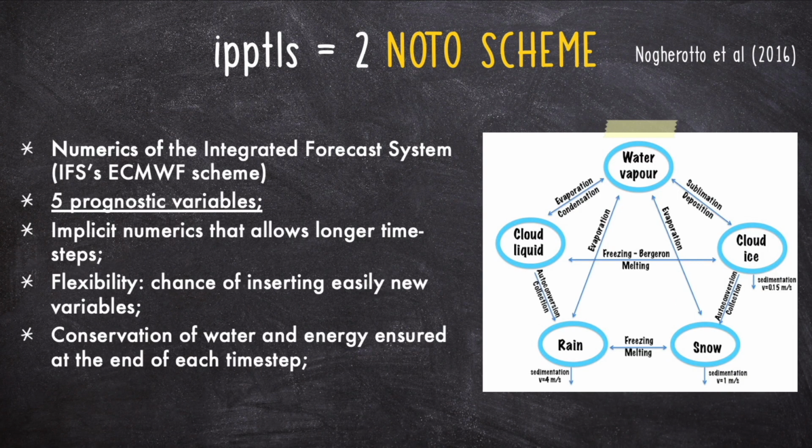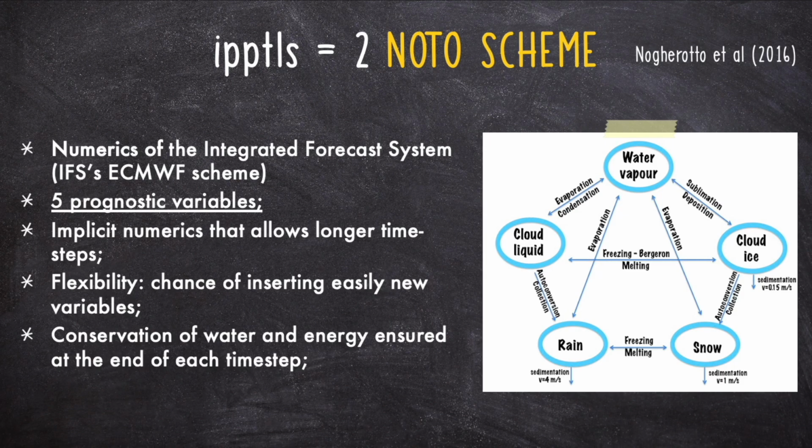The other scheme, setting IPPTLS to 2, is we activate the Nogherotto-Tompkins scheme, or NT to its friends. The scheme is built upon the ECMWF integrated forecast system and solves five prognostic equations for five prognostic variables, which are the water vapor, cloud ice, snow, rain, and cloud liquid.